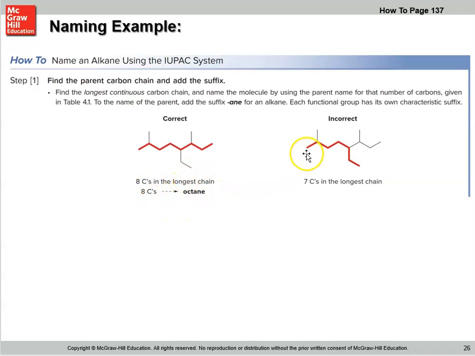You can try different combinations or different pathways, kind of like a maze to some extent. I can count 1, 2, 3, 4, 5, 6, 7. That's not correct. We have to count this way. That gives us the longest chain. So whatever way it's drawn so that you can count the longest continuous chain, that is the correct backbone structure.